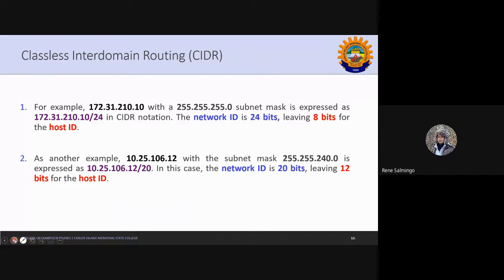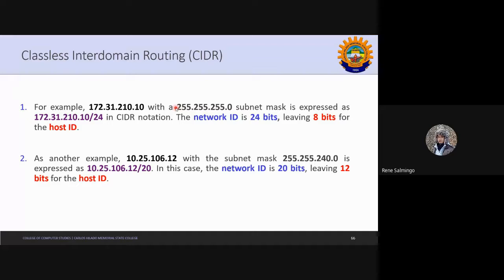Now, for example, we have this number 172.31.210.10. So how do we express this? We can express this as 172.31.210.10 slash 24. Now, this value depends on your subnet mask.